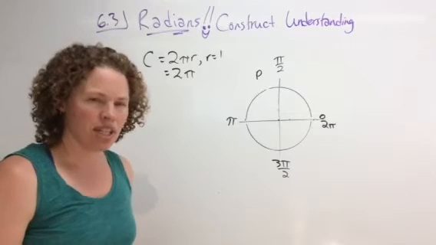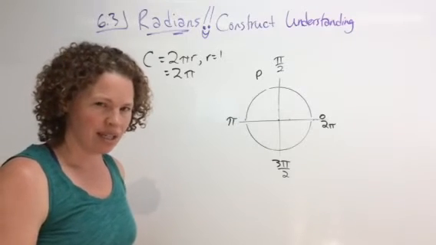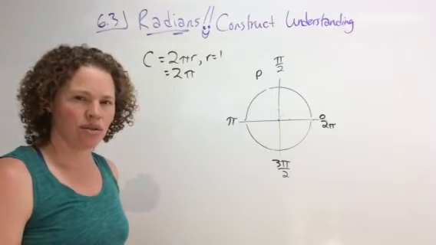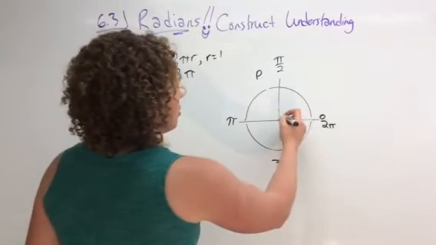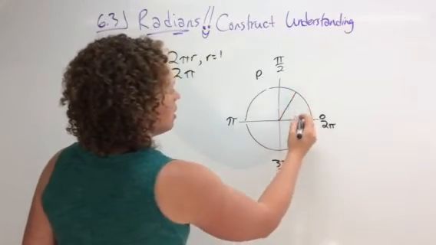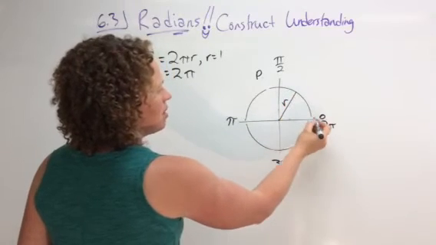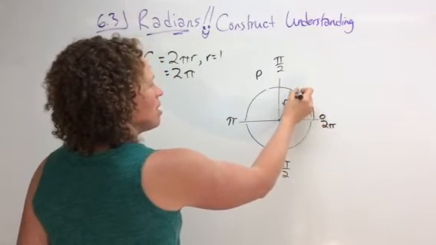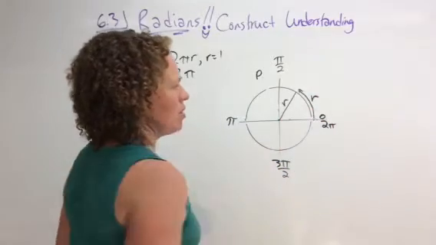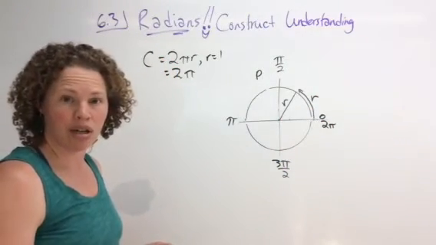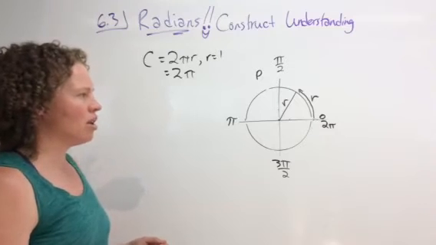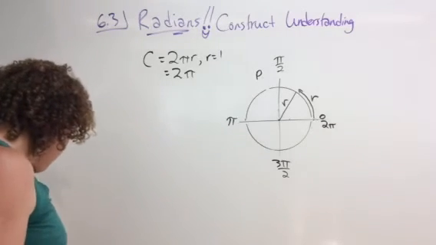Now the definition of a radian is linked to the arc length. So pretty much a radian is going to be somewhere in here where this is our radius, but the arc length is also equal to the radius of the circle. So in the unit circle, that would be 1. And that's the definition of a radian.